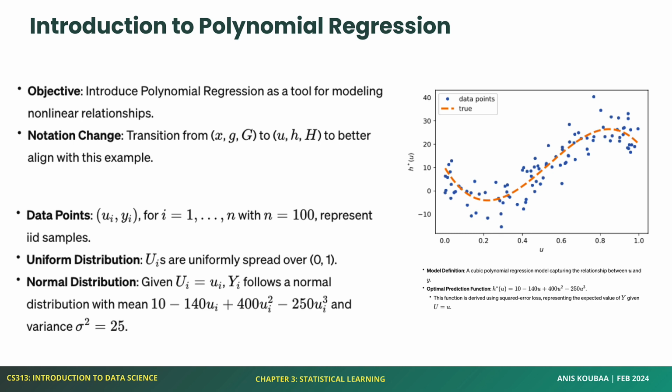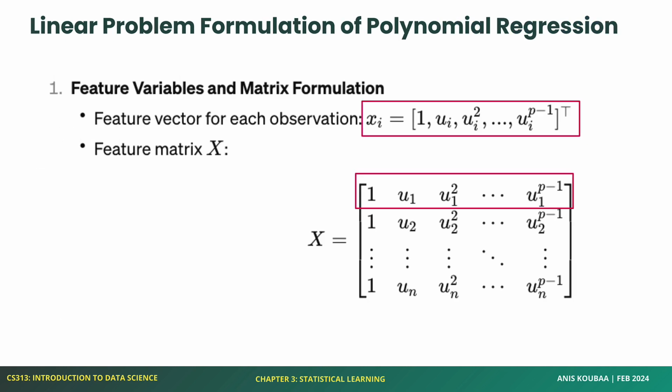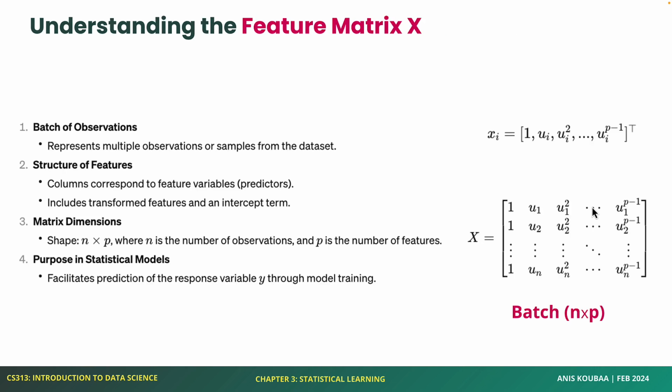So it's the same input, but it will be expanded according to the polynomial order, the length or the degree of the polynomial. So this is how we do it. This is one feature, this is one point. This is another point. One point is represented by a feature vector.